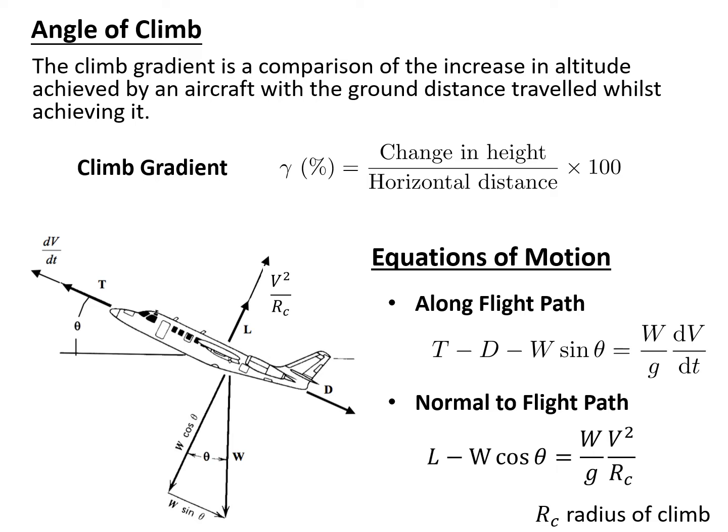That's one equation. Now let's look at the direction normal to the flight path. We have the lift L minus the component from the weight, W times cosine theta. And the acceleration, you can see, is W over g, that's m, the mass, times V squared divided by R_C.